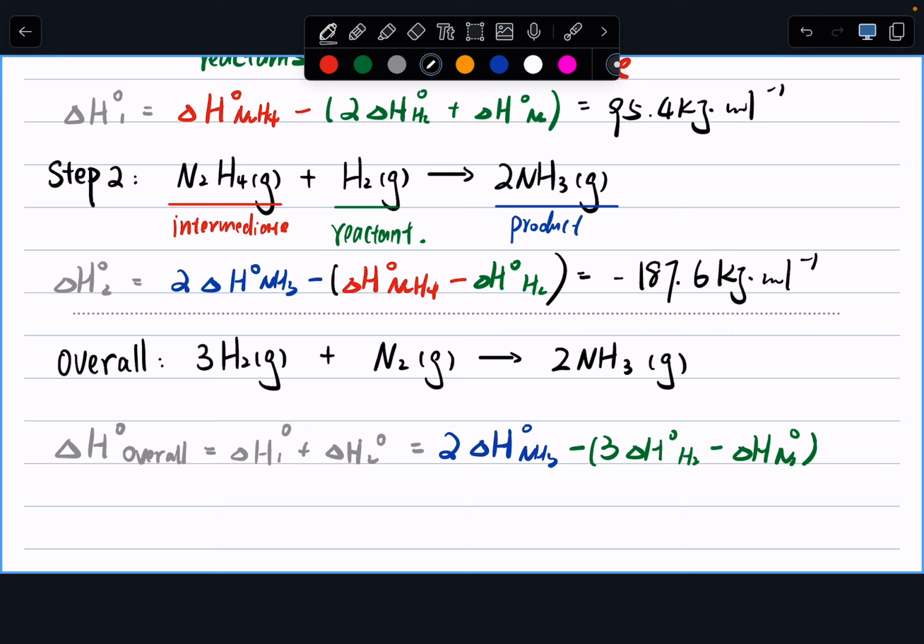All right, and our overall reaction, you can calculate it to be negative 92.2 kilojoules per mole. So the overall reaction is exothermic.